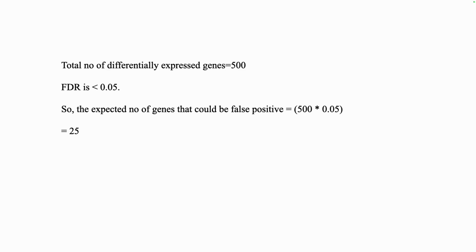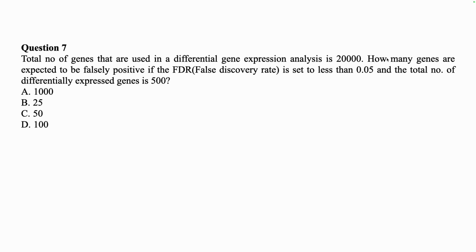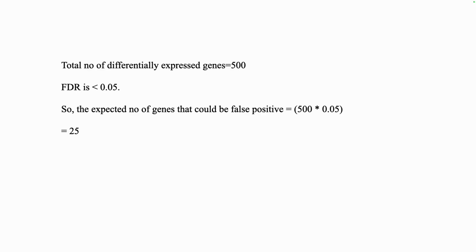In this question, we had 20,000 genes, and after the experiment, we found that 500 genes were differentially expressed, but the false discovery rate is less than 0.05. So this fraction of the genes can be falsely positive.